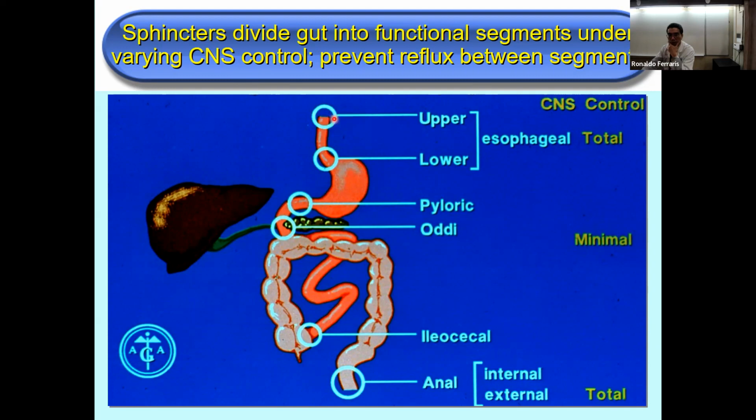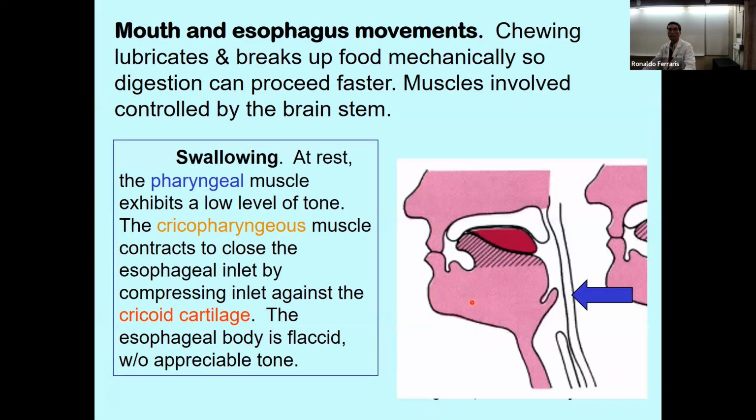The upper separates the oral cavity from the esophagus, the lower esophageal, the esophagus from the stomach, the pyloric, the stomach from the duodenum, and so on and so forth. All of these are in play, and we're going to be mentioning virtually all of them in the next several slides. Okay. Mouth and esophagus movements.